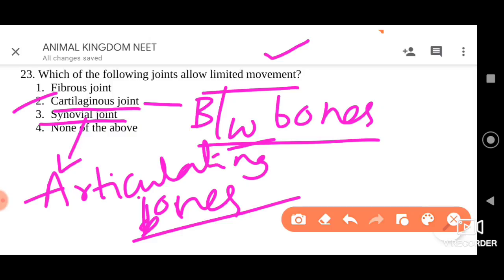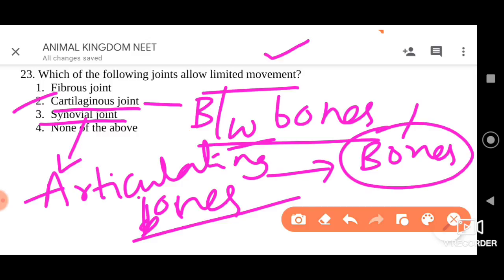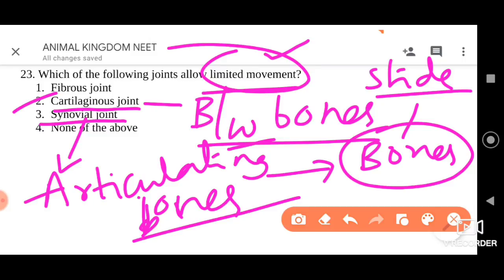These synovial joints allow bones to slide past each other, or to rotate around each other. So maximum movement can be seen in the synovial joint. So the given question is, where do we find the limited movement? When we consider that, as I said, option 2 is the correct one.